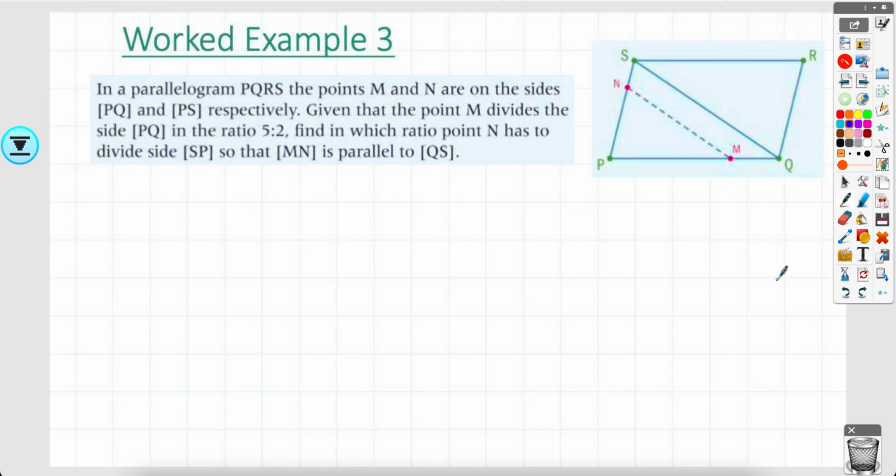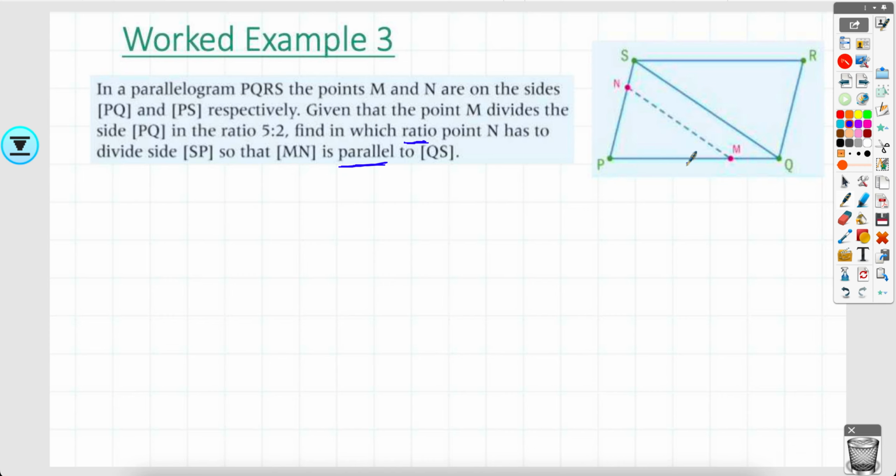In this question, we're given a few numbers, but they're ratios. They're not actual numbers. So what we're trying to do is find the ratio to make the two lines parallel. So we're going to use the fact that they are parallel. We're trying to find this ratio.